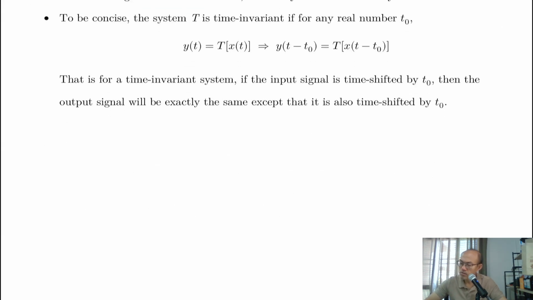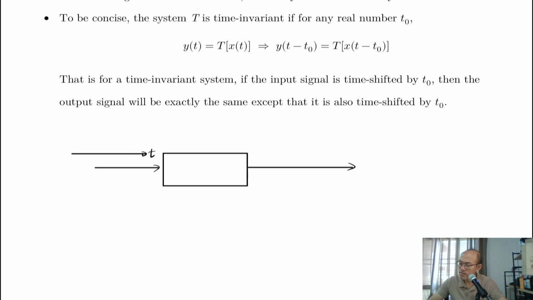So, for example, if you have a system, and this is the input path and this is the output path, and you give the system this signal, which is the unit step signal, and you measure the output using the scope, and you find that the output is this.